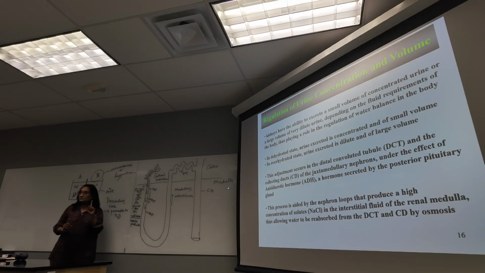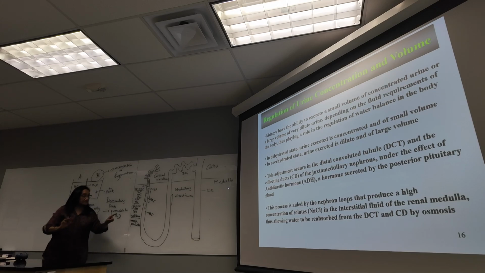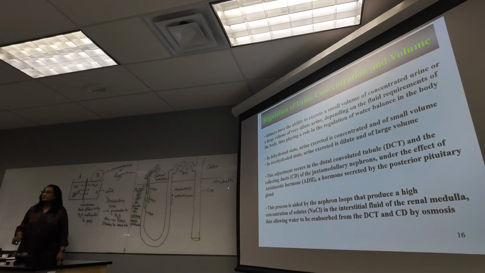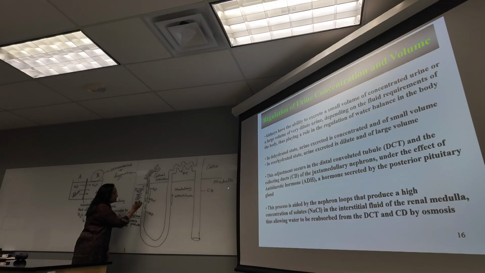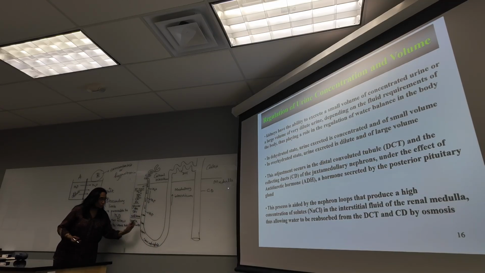As water comes out, all of these dissolved salts are still inside, because this descending limb does not allow solutes to come out. So the filtrate inside is going to become concentrated. And by the time it reaches the tip of the loop, it is really salty, very salty, because water has come out.